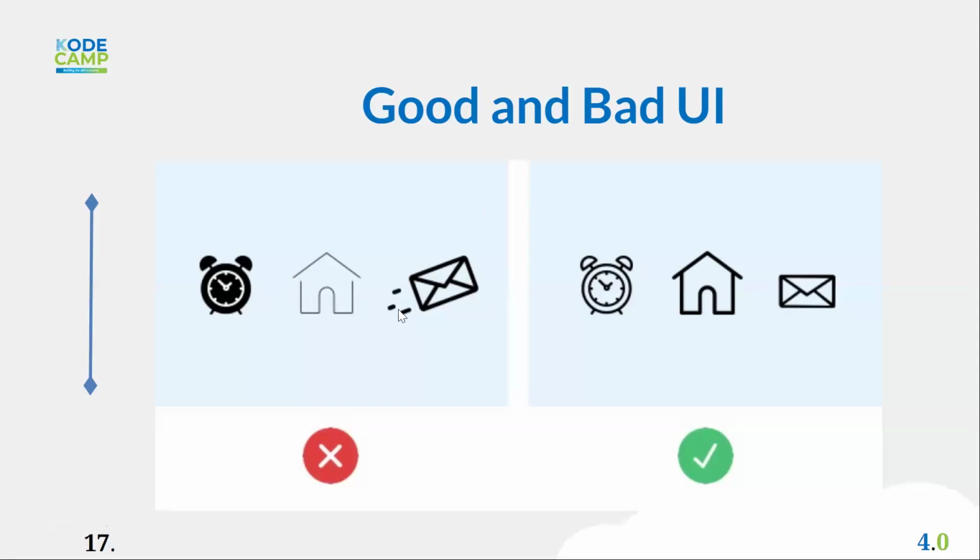Looking at the good UI, you see that everything is consistent. The use of stroke is consistent from the clock to the home to the messaging icon. If you have a question, you can unmute your mic and answer.